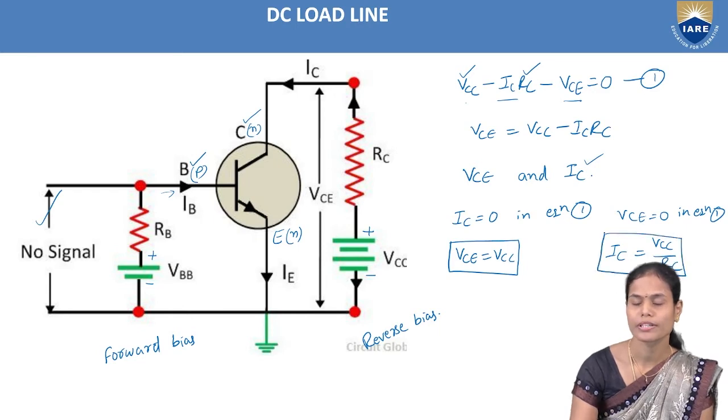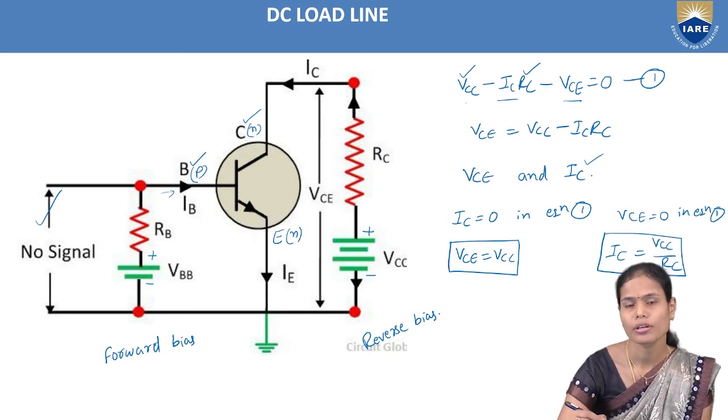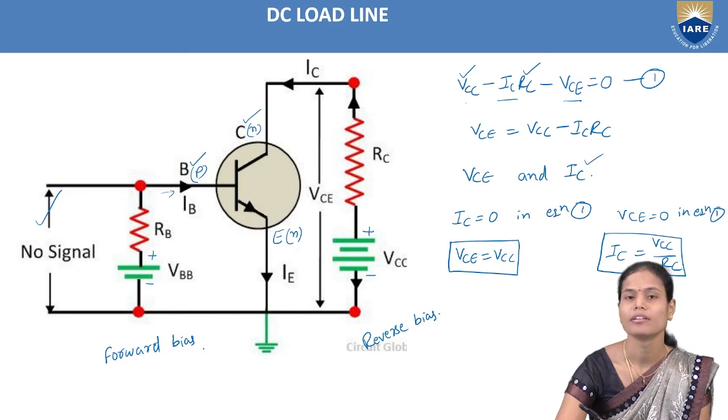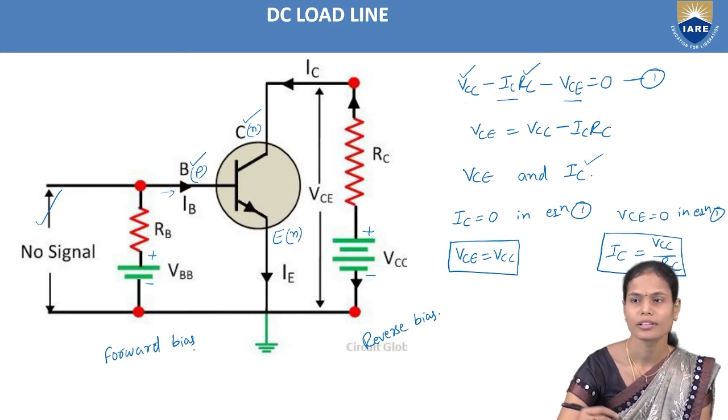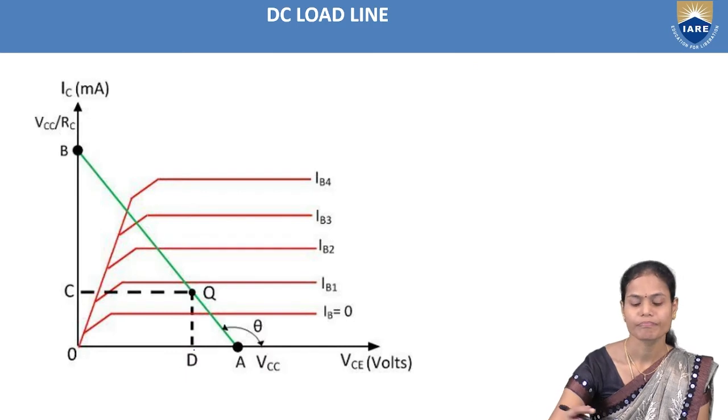These two points, the collector to emitter voltage as well as the collector current, are the points of the DC load line. Once we place these points on the characteristics of the common emitter amplifier, we will get the DC load line, that we will see in the next slide.